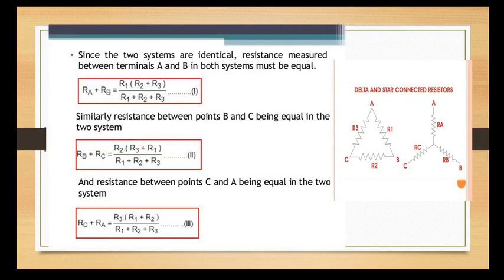Since the two systems are identical, the resistance measured between terminals A and B in both systems must be equal, so we can write RA plus RB, the resistance between the terminals A and B, equal to R1 into R2 plus R3 divided by R1 plus R2 plus R3.